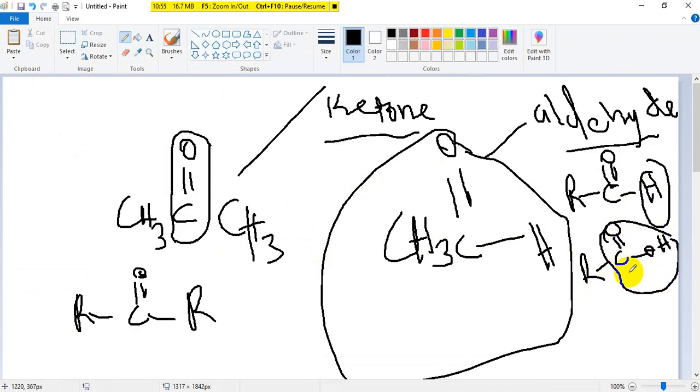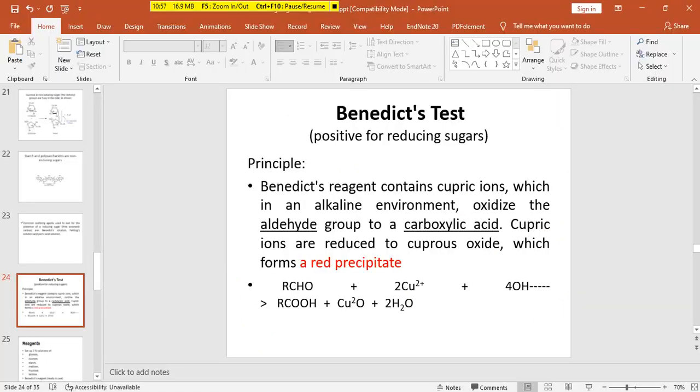This is carboxylic acid. Cupric ions are reduced to cuprous oxide, which forms a red precipitate. This aldehyde, in the presence of two molecules of cupric ions plus 4OH, is converted to alkanoic acid or carboxylic acid.